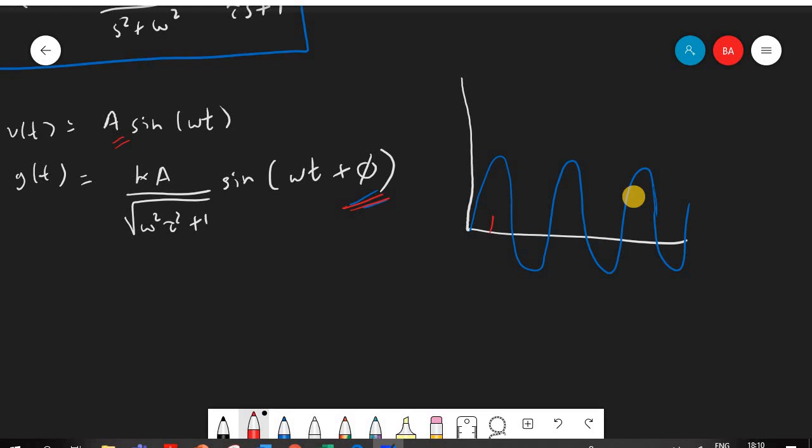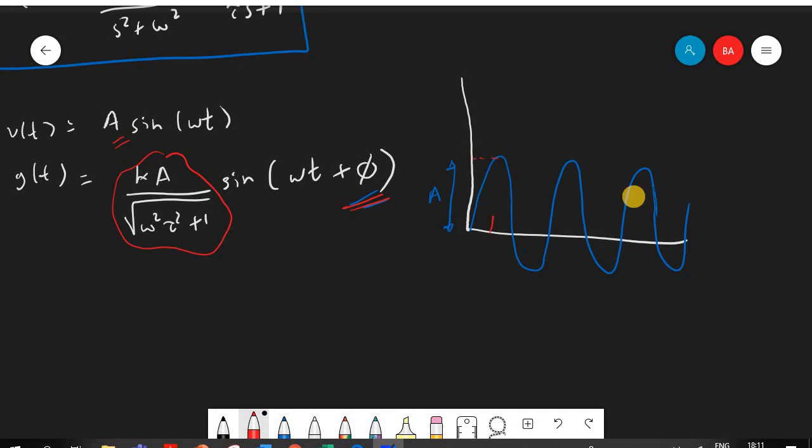The amplitude here is A, so this is the A amplitude. And actually I should have drawn this with the blue one. And the amplitude of the second part, the amplitude multiplied by sine, is different. It's A multiplied by K and divided by the square root of omega squared tau squared plus 1.